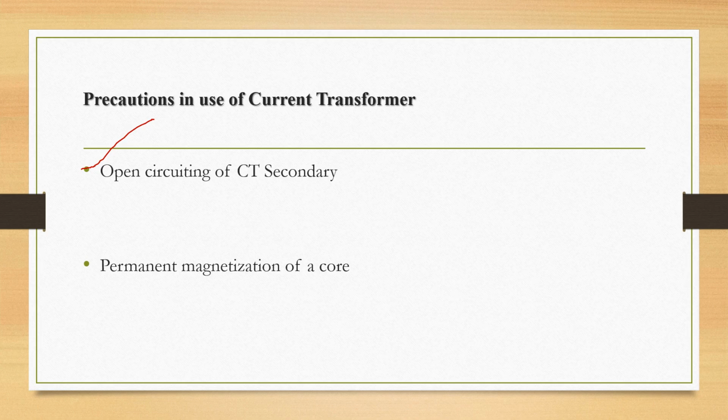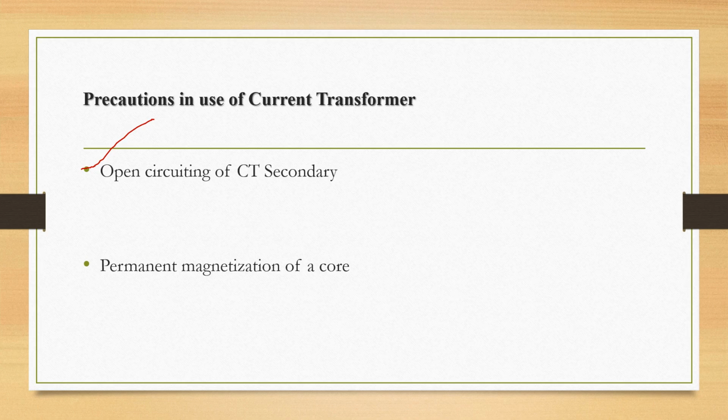If for any reason the secondary winding gets open circuited, then the secondary reverse MMF vanishes. The demagnetizing effect of the secondary MMF is now absent, and the core then carries the high flux already created due to the primary ampere turns only.